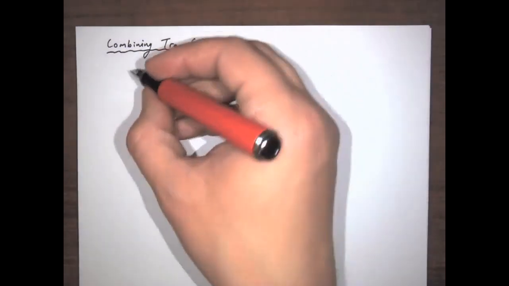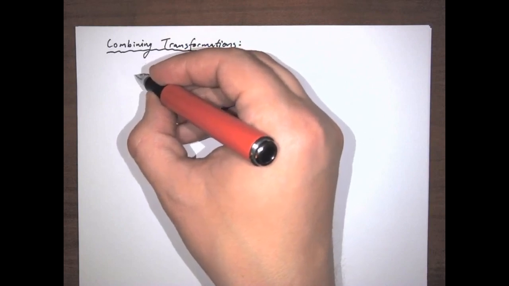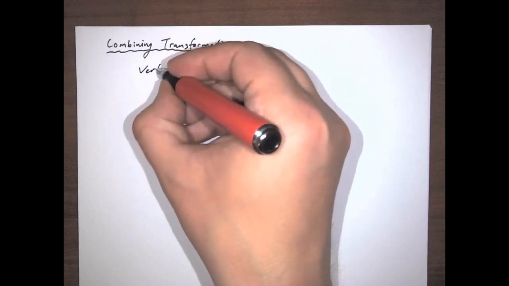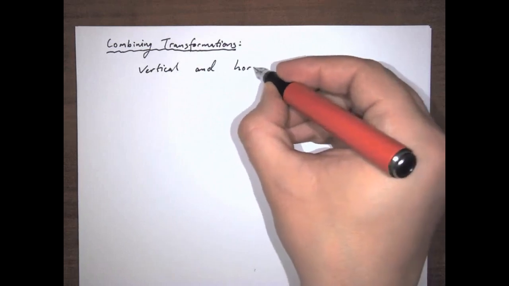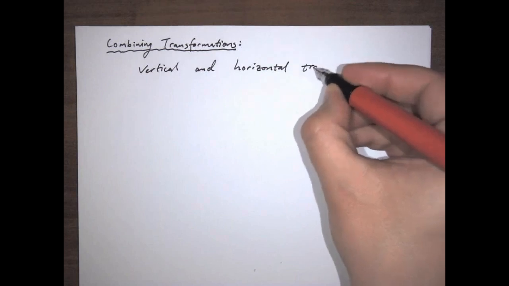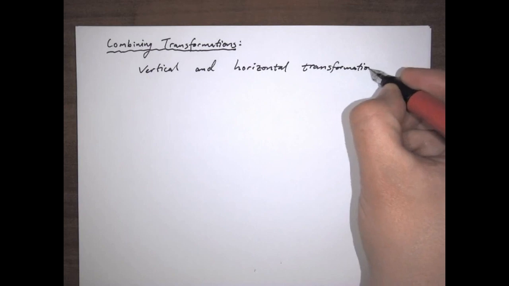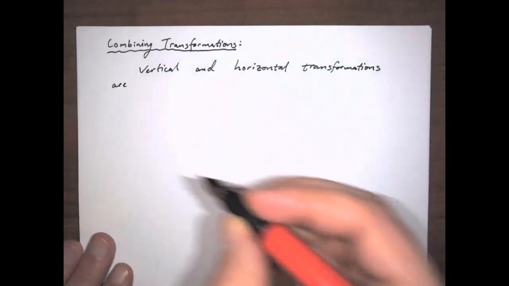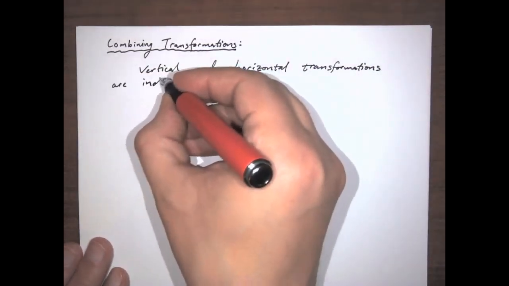One way this can happen is that you have perhaps one horizontal and one vertical transformation. Vertical and horizontal transformations are independent of each other, meaning you can basically do them in any order or at the same time.